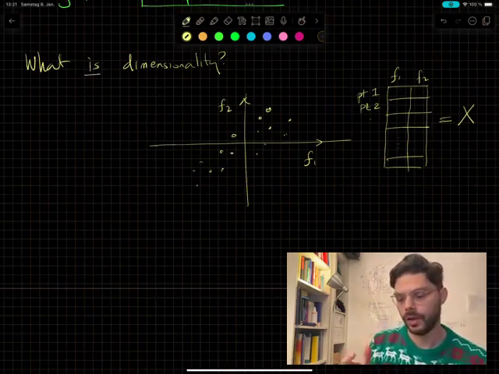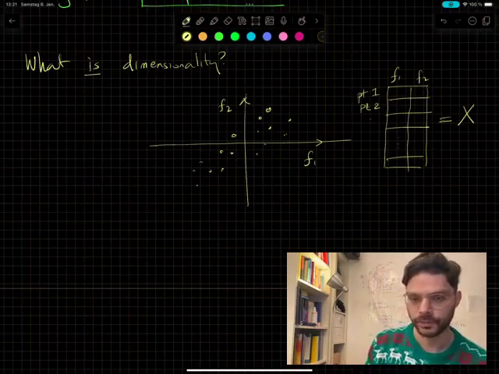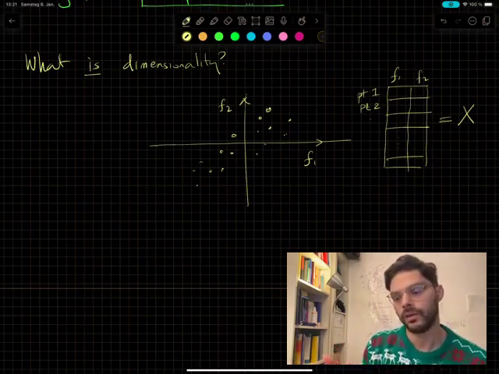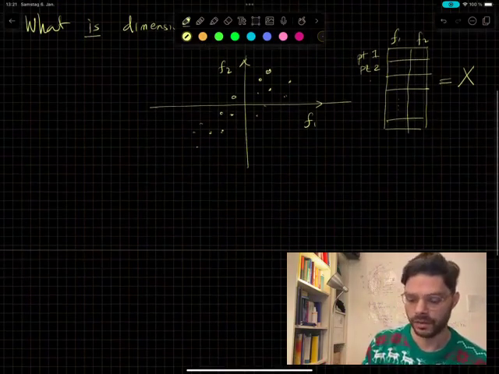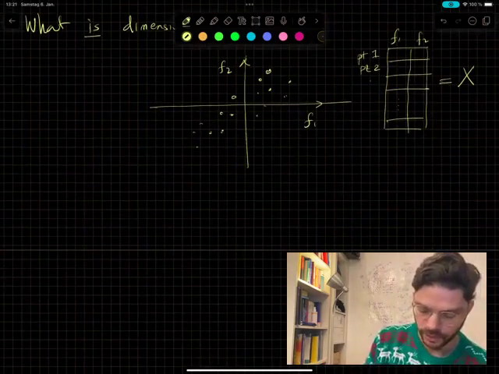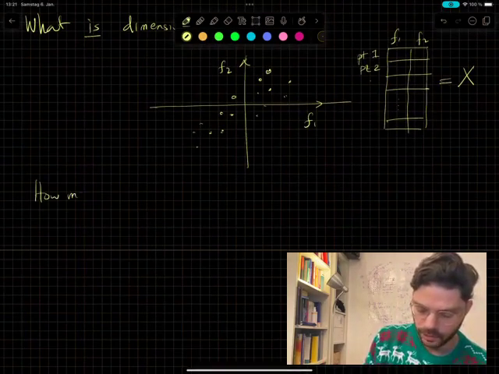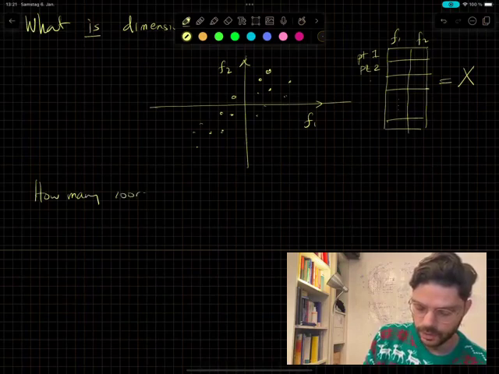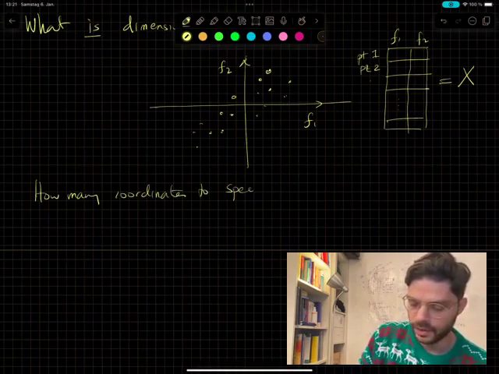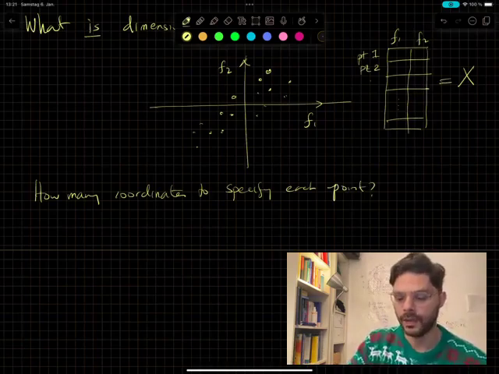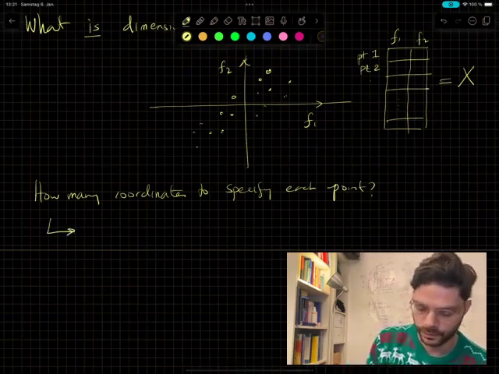One notion of dimensionality just says how many coordinates do I need to specify every single point? How many coordinates to specify each point? In our case, every point has 2 coordinates.